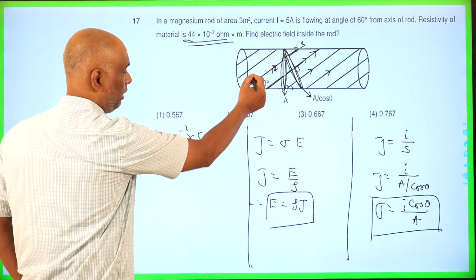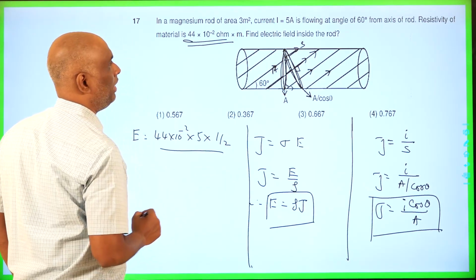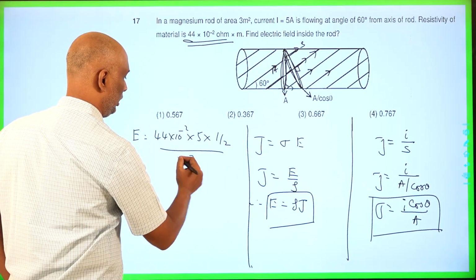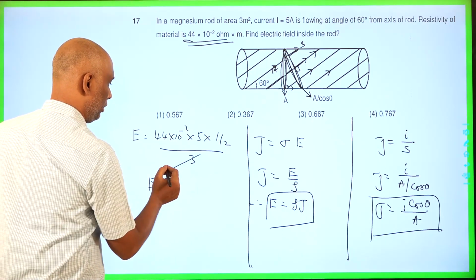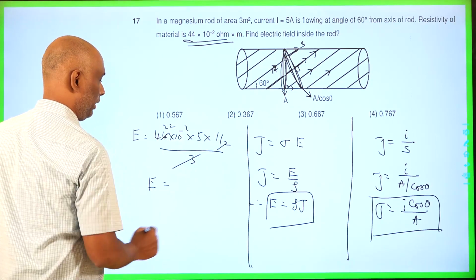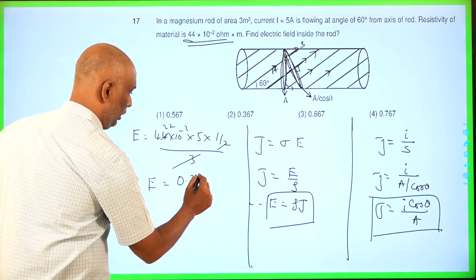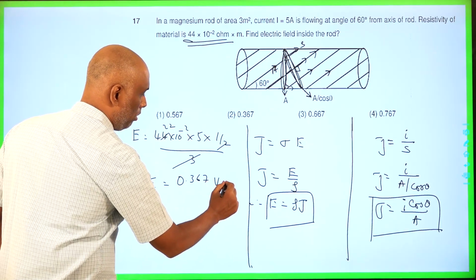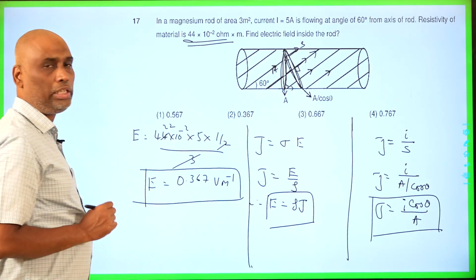Next, cos 60 is 1 divided by 2, whole divided by the area of cross section, which is given as 3. When we simplify this, we are going to get 0.367 volt per meter, which will become the electric field inside the conductor.